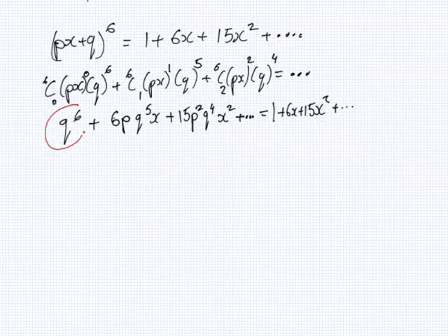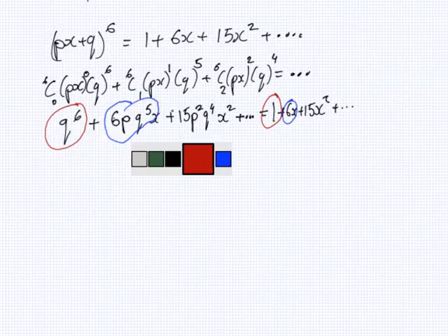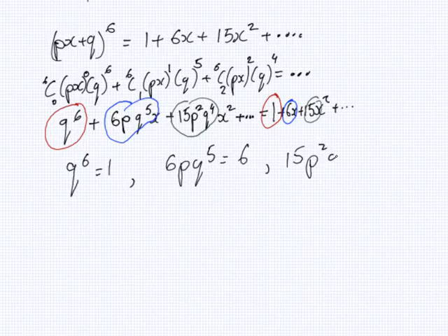So this should be the same as this, and this one here should be the same as this, and this one here should be the same as this. In other words, we need q^6 to be 1, we need 6pq^5 to be 6, and we need 15p²q^4 to be 15.